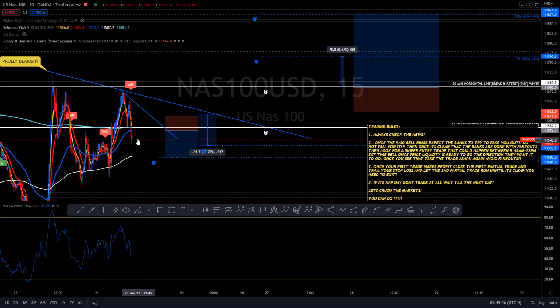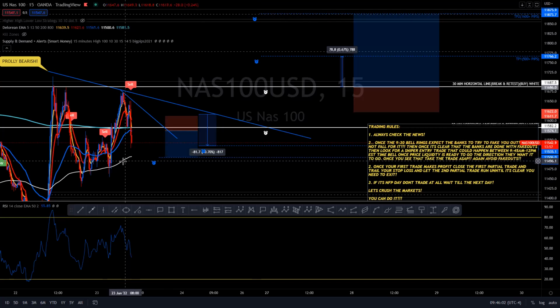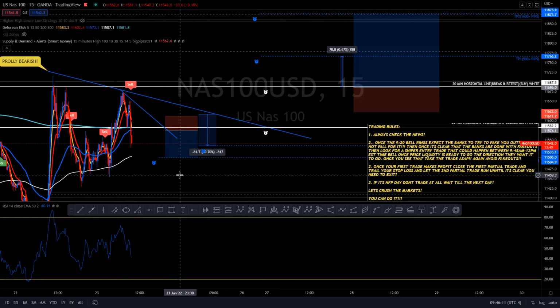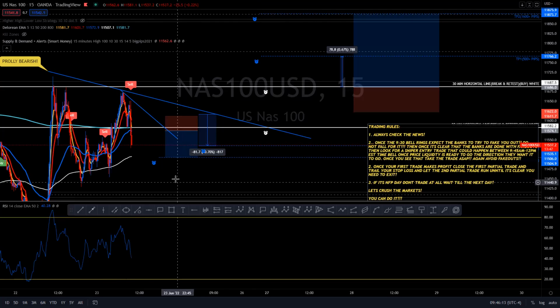But it would be risky for me to sell again, because if it goes all the way down to here, it might reject or hit this 200 EMA. Now, see, they're knocking out stop losses. They keep on bouncing back and forth.